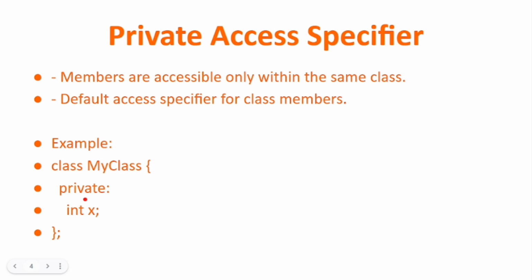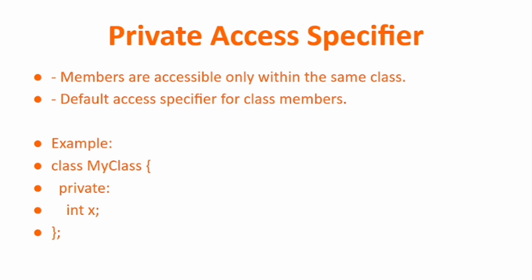For example, I have created the class using the class keyword and then the name of my class. Then I define the access specifier, which is private. This means the variables and functions that we are going to use in the class should be private, not public or protected. This is the private access specifier.